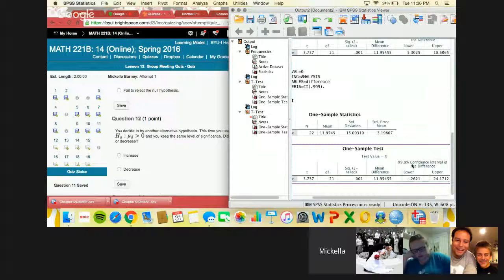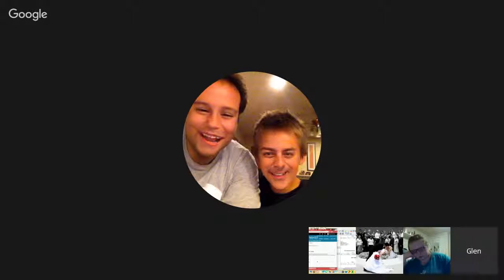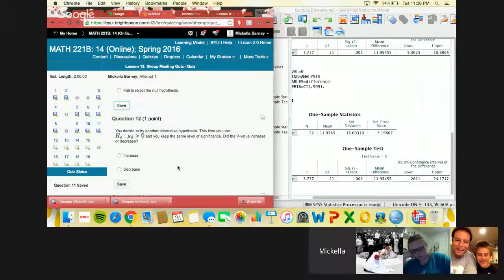The only thing that changed was the lower and upper. What did you get for lower and upper? Because I got negative 128.64. Is that sounding right for lower? Or am I way off? I got negative 0.2621. Okay, so I'm way off.